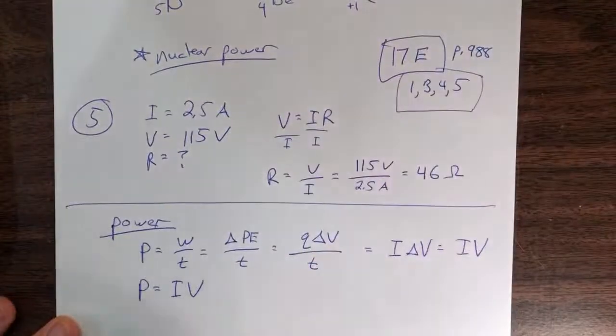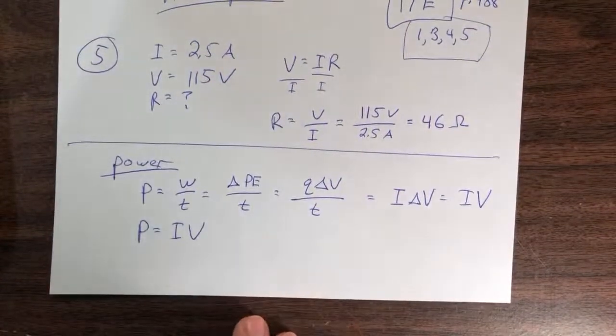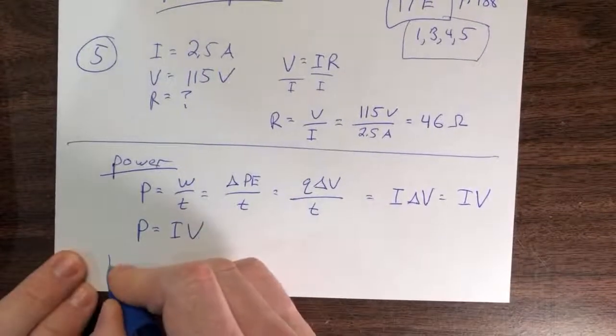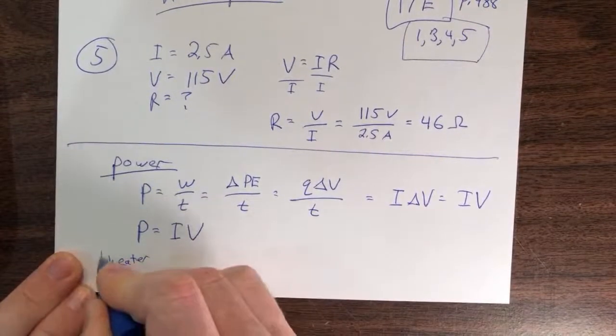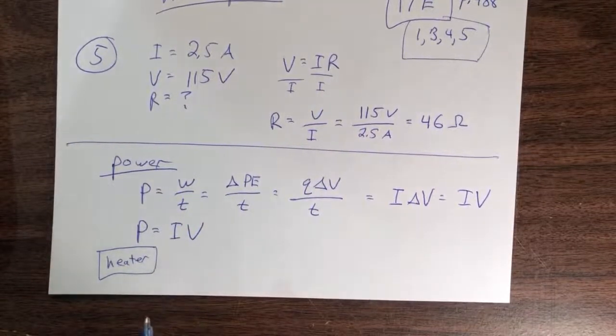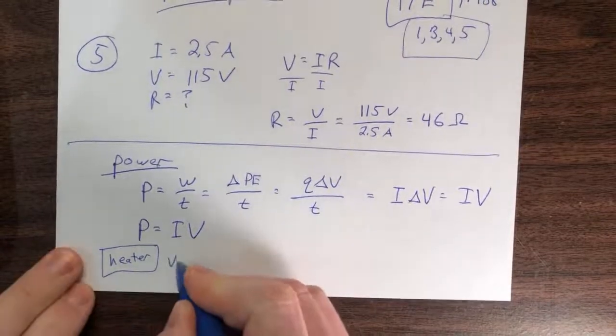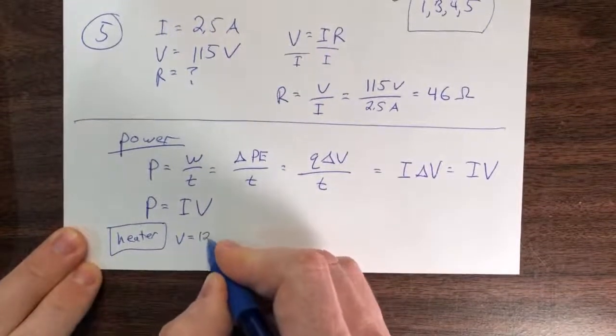Your sample problem is this. You have an electrical space heater. Heaters use a lot of power. It's connected across a 120 volt outlet. So voltage is 120.